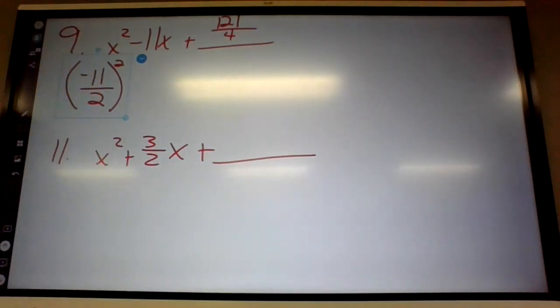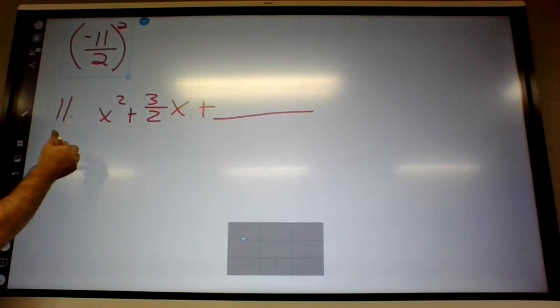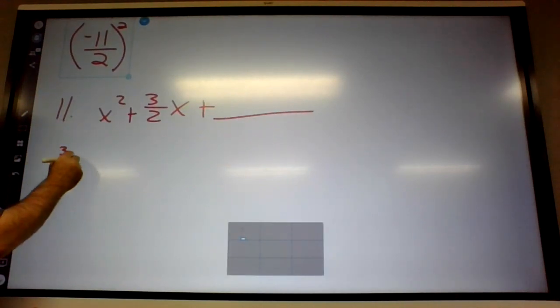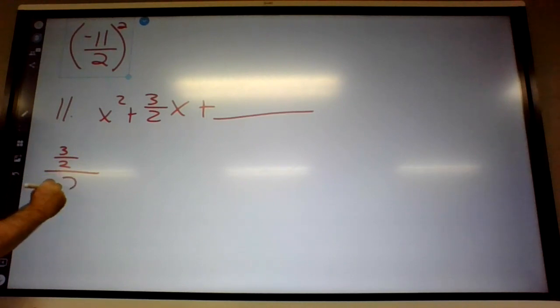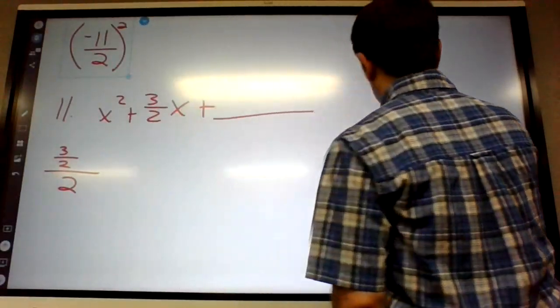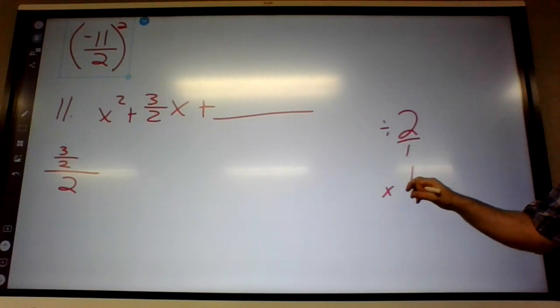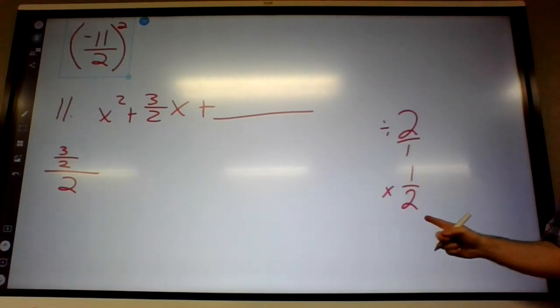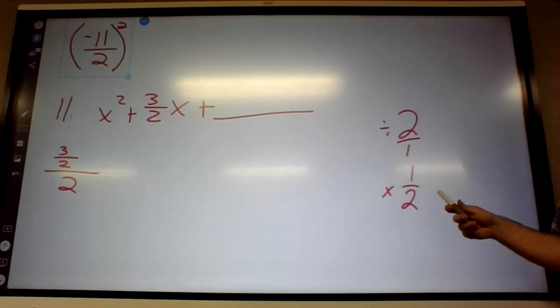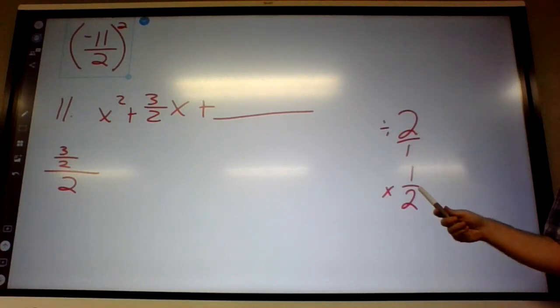Okay, getting messier and messier. All right, how would you do 3/2 divided by 2? It's not 3. Dividing by 2, or dividing by 2 over 1, is the same thing as multiplying by 1/2. You guys remember that from middle school? Dividing a fraction is like flipping it and multiplying.